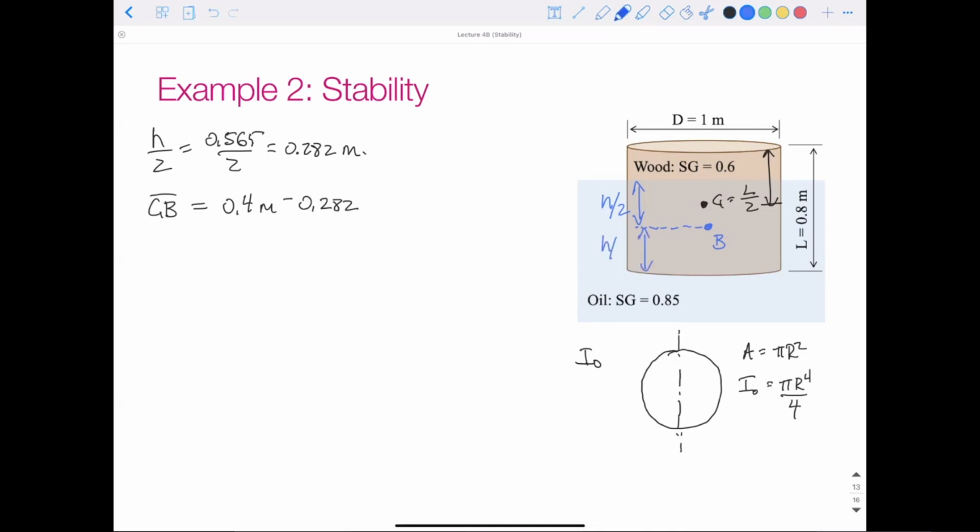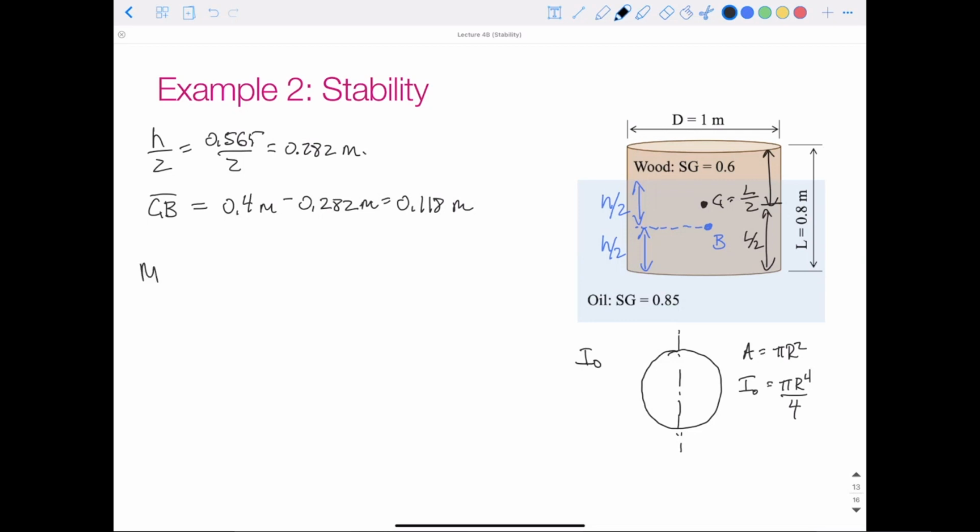So we could draw this side as h over 2 as well. So this might be easier for calculating GB. So the distance GB is equal to 0.118.